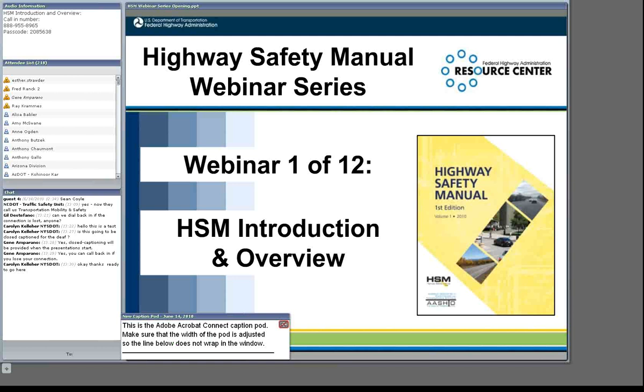These are some of the activities the Highway Safety Manual can support. One example is in scoping a project, where determining what safety concerns should be addressed and which safety treatments should be considered as part of a project. In another phase of project development, where you're considering design alternatives and selecting a preferred design alternative, the Highway Safety Manual can also help.